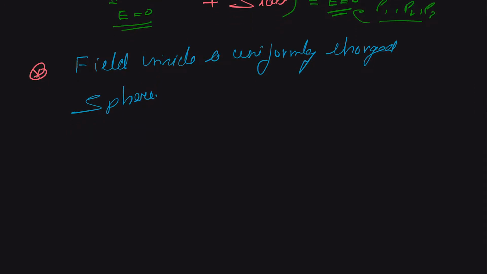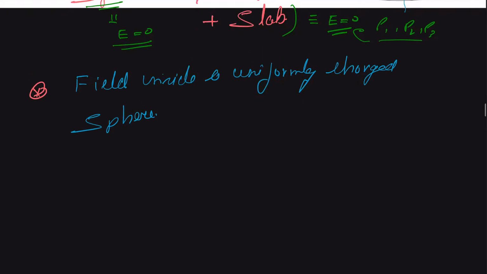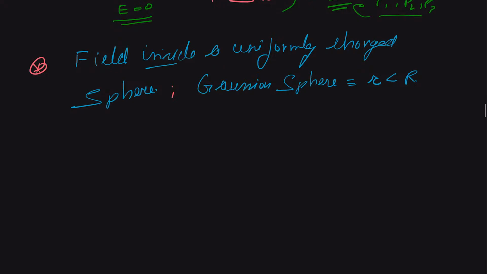We already know the formula, but let us make a little bit of understanding of that also. So we are going to consider a Gaussian surface whose radius is our small r and which is less than our capital R, because we are dealing with inside.